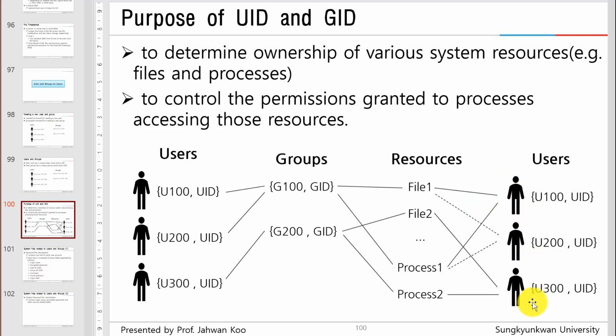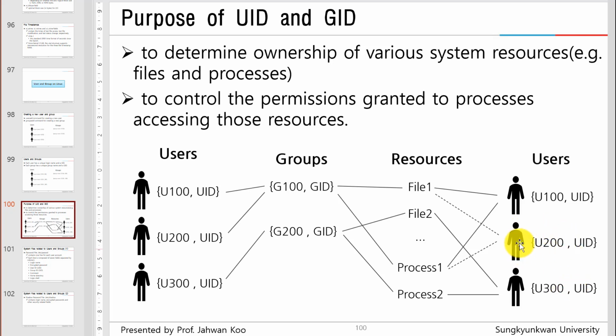User U300 create file 2 and process 2. Therefore, the owner of file 2 and process 2 is user U300. So user U300 can access to file 2 and process 2 with owner permission.